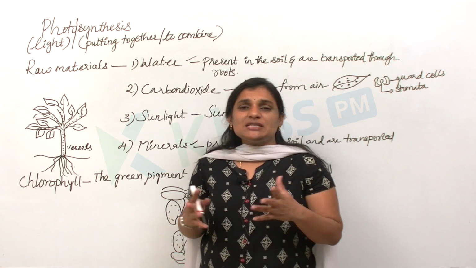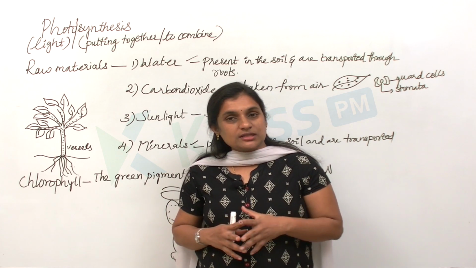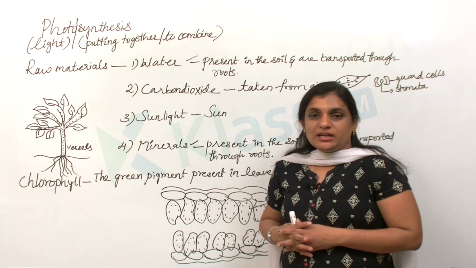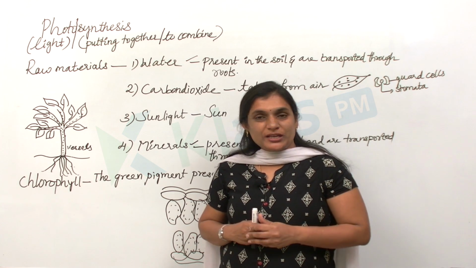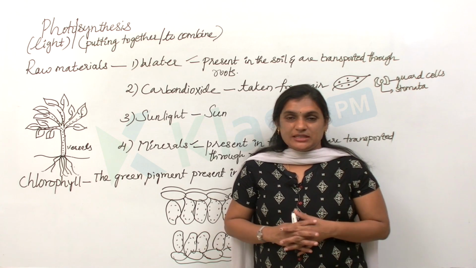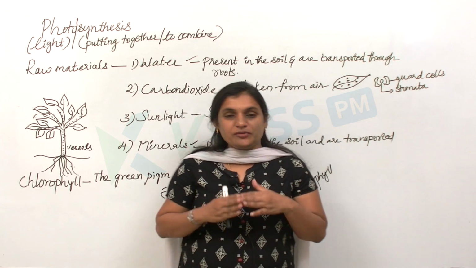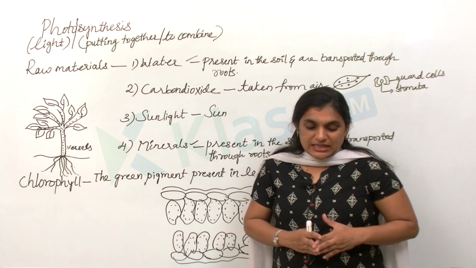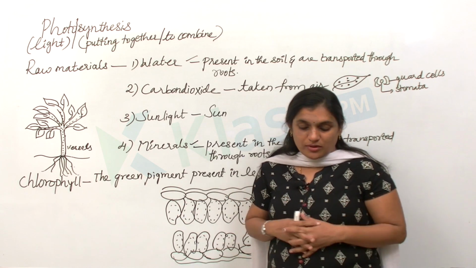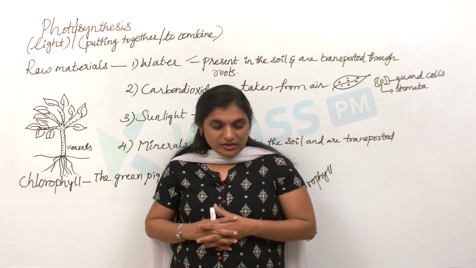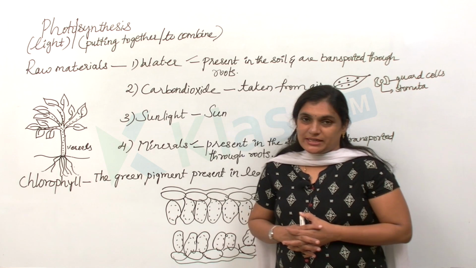We haven't seen any other organisms synthesizing their food using these raw materials, and we don't do it, right? Do we do this process for making our food? No. So the solar energy is always captured by the leaves and stored in the leaf or the plant in the form of food. So you can say that the sun is the ultimate source of energy for all the living organisms.